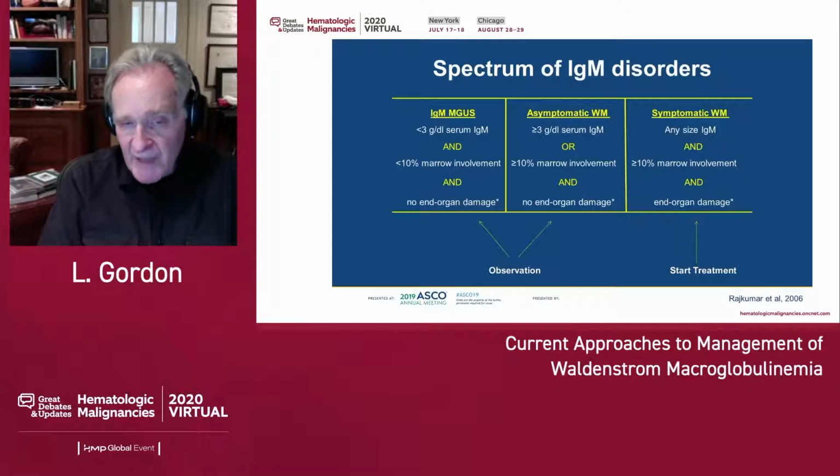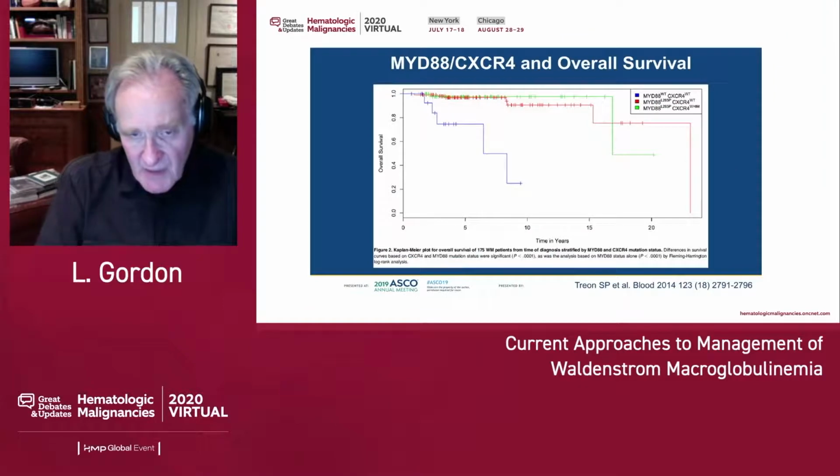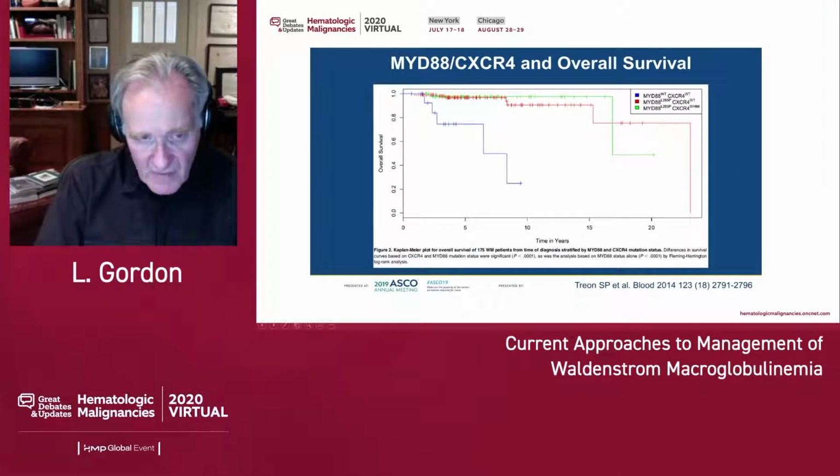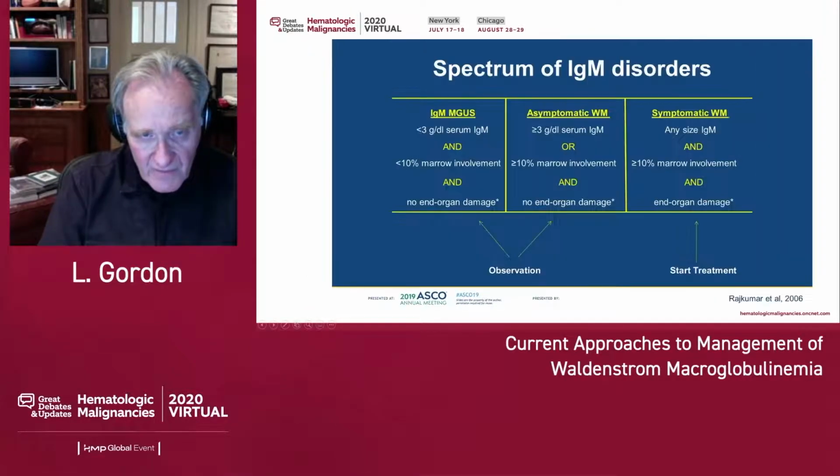We know that upward of 70, 80, 90% of patients with Waldenstrom's will have a MYD88 mutation, and most patients with marginal zone lymphoma, 70, 80, 90%, don't. However, there's still some overlap there. There's still a small group of patients with Waldenstrom's that don't have a MYD88 mutation, and some patients with marginal zone that do have a MYD88 mutation. So I think that's something to keep in mind as we go through this.